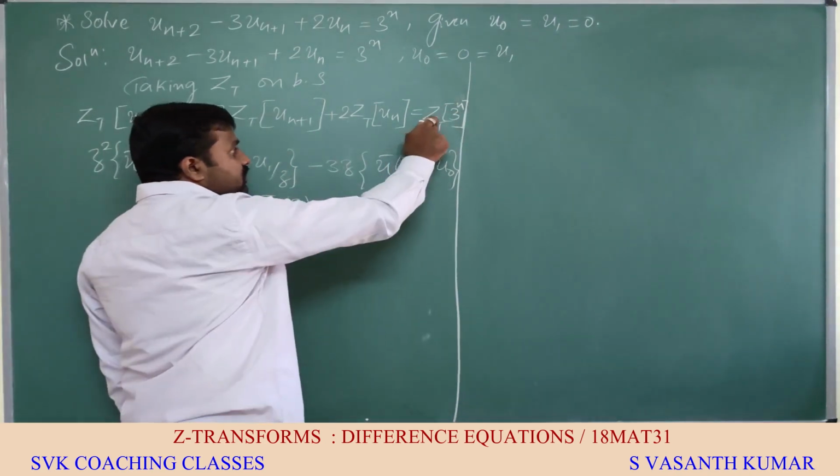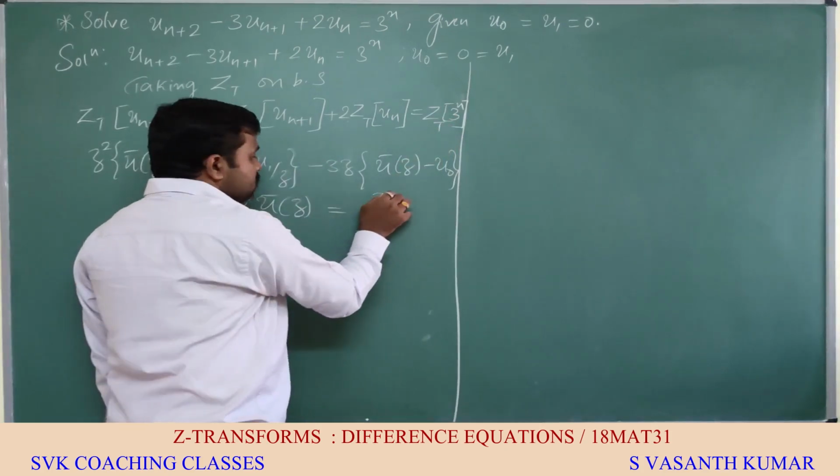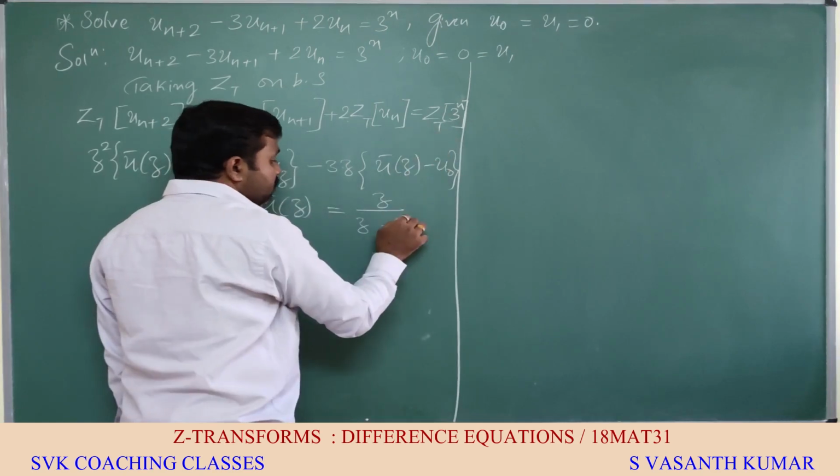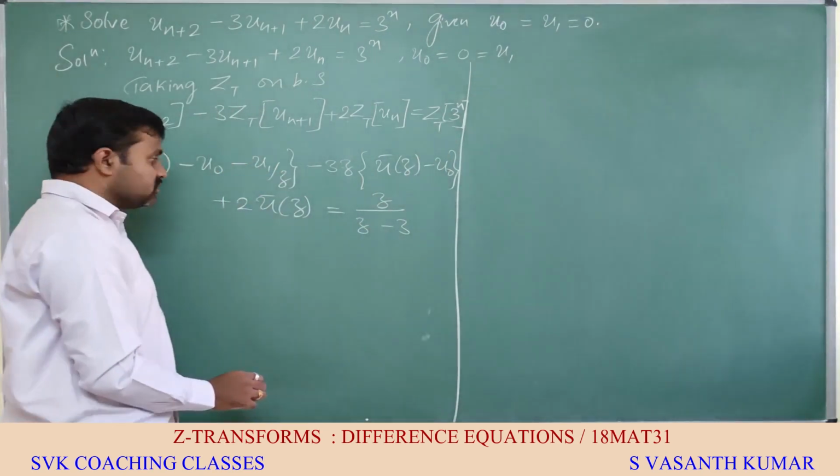Use the definition of Z transform of k power n, which is z by z minus k. In place of k we have 3, so it is z by z minus 3.